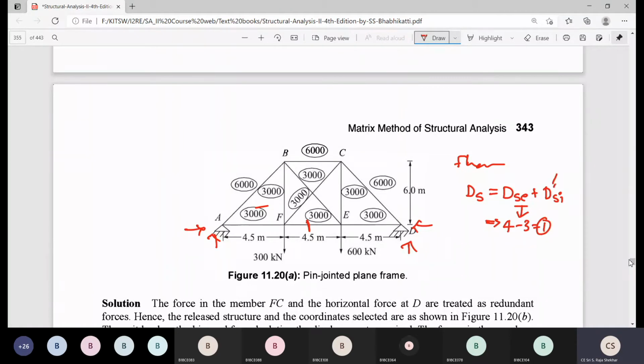DSI can be calculated as m minus 2j minus 3, where m is the number of members and j the number of joints. This is the formula for the calculation of internal indeterminacy. For this you are going to get 1. So the total degree of static indeterminacy for the structure is 2.